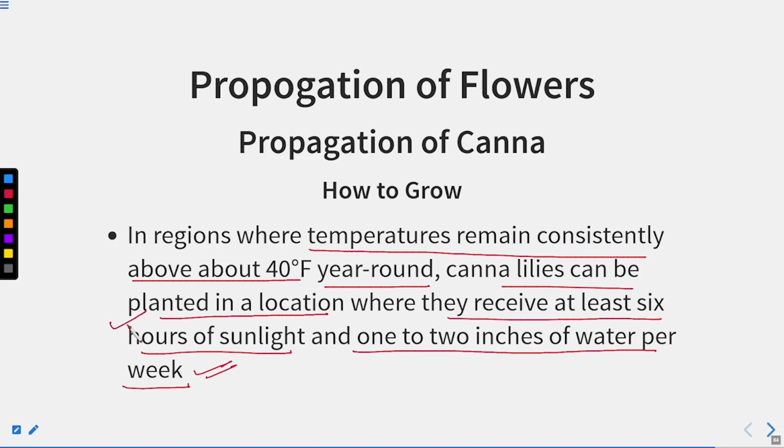So they require a good amount of light as well as water.